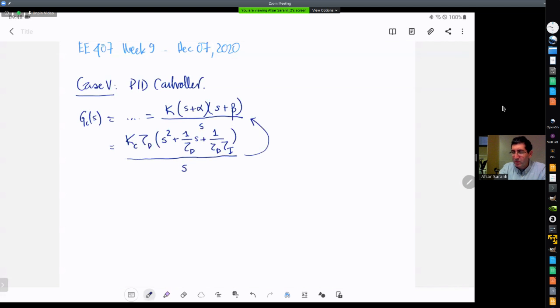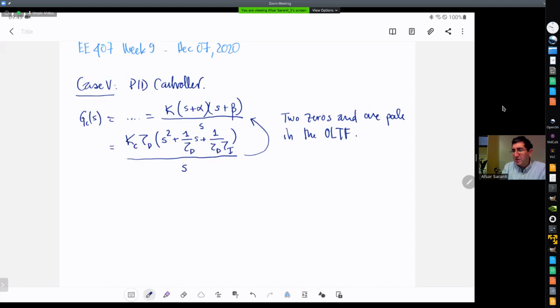Okay, and then we arrived at these 2 separate zeros and a standalone integrator. Okay, 2 zeros and 1 pole in the open loop transfer function.